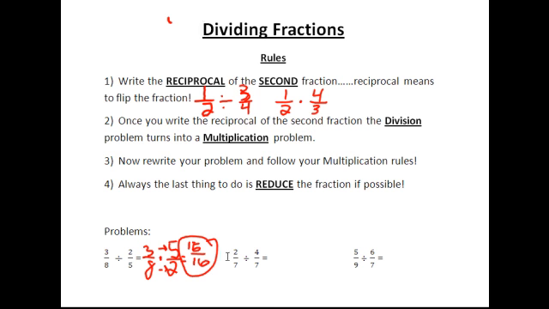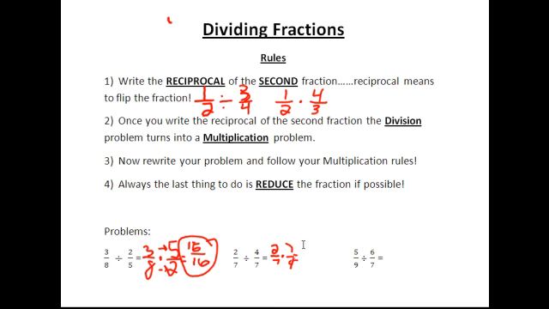Now let's look at our second example. 2/7 divided by 4/7. Again, my first one stays the same. It's going to change to multiplication, and it's no longer 4/7, but it is 7/4. Okay.